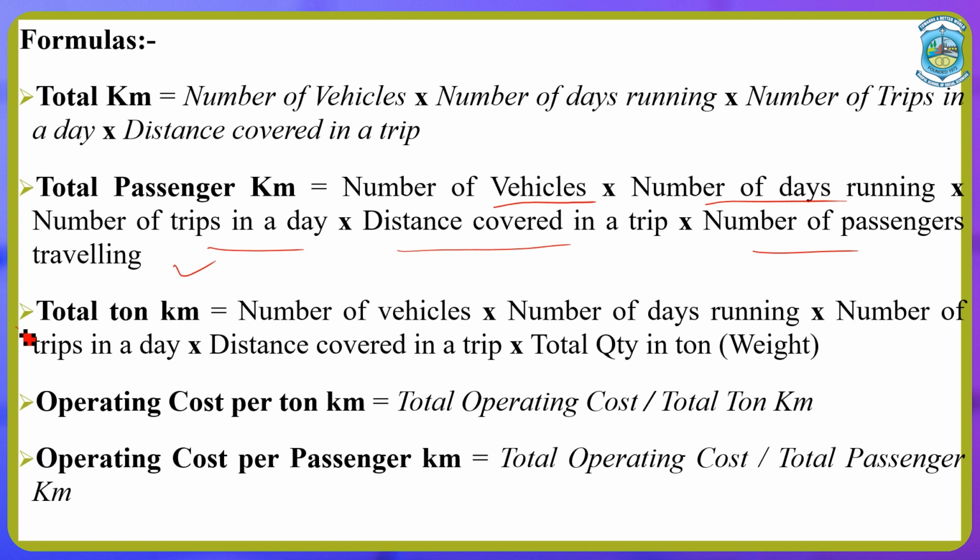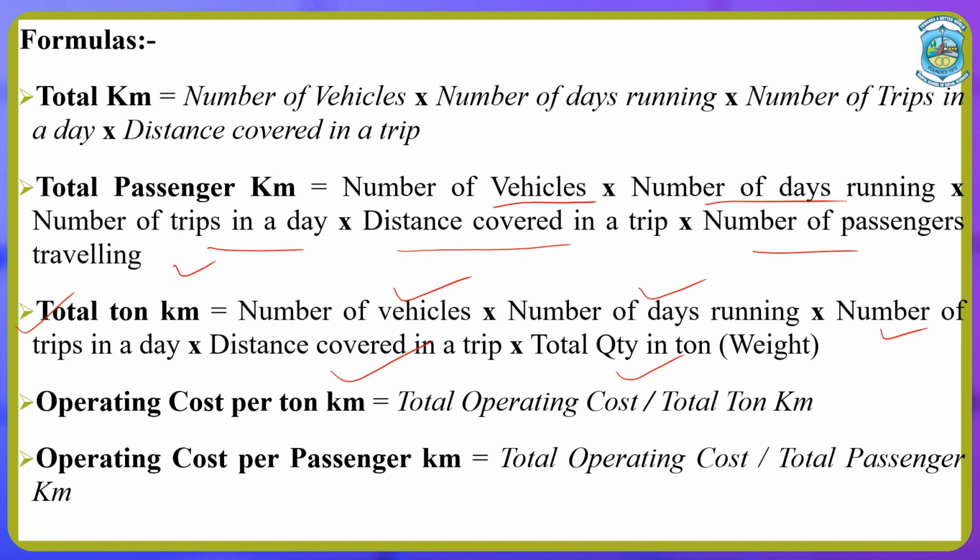Total ton kilometers is related to carrier vehicles. Number of vehicles multiplied by number of days running, number of trips in a day, distance covered in a trip by the vehicle, and total quantity in tons, meaning weight, we have to multiply.